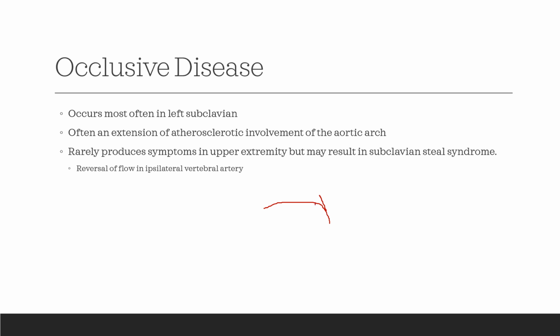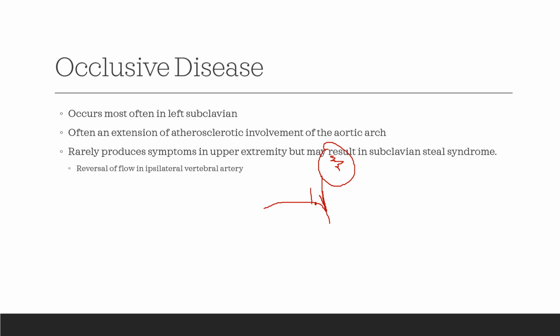my subclavian goes and feeds my arm, whereas my carotid goes up and my vertebral is on the other side of my subclavian obstruction. What will happen is it will create the subclavian steal where my carotid goes up, it feeds the brain, it communicates with the other side through the circle of Willis.